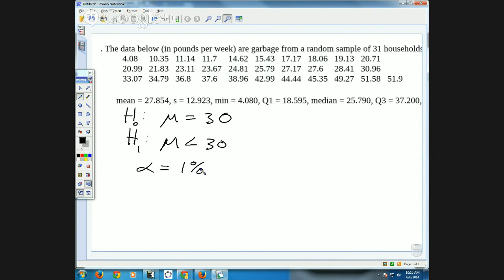Draw a picture of the hypothesis and the significance level. And then we'll run our test and add to the picture. Less than 30, correct.